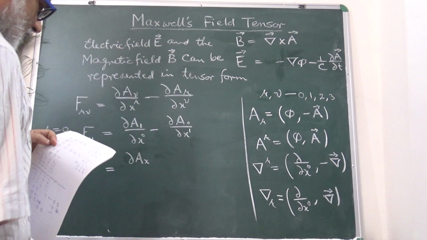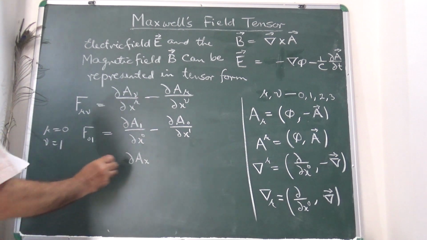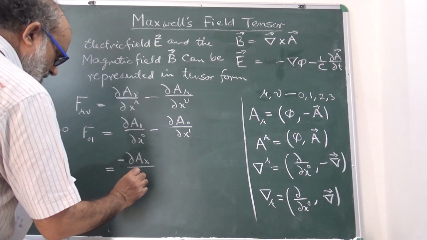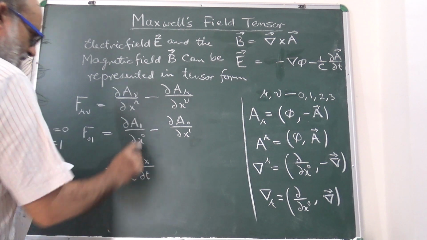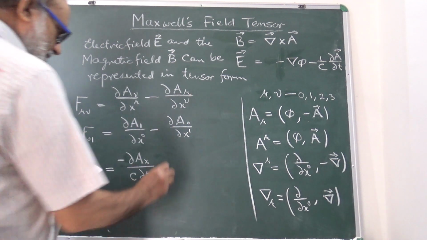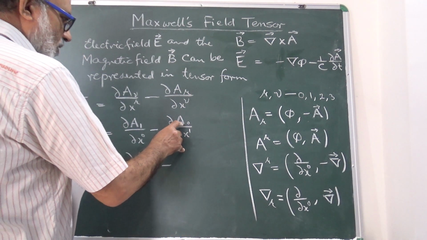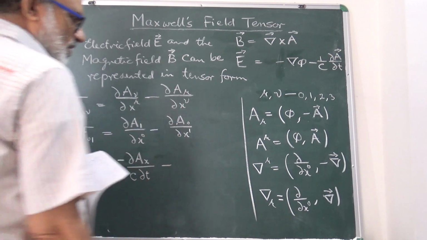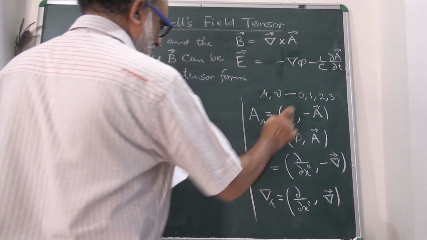It will be minus, and x0 is c t, so C dt, minus del A0. A0 is phi.